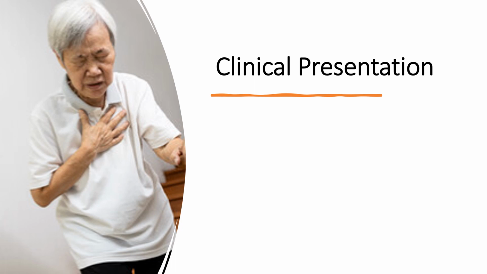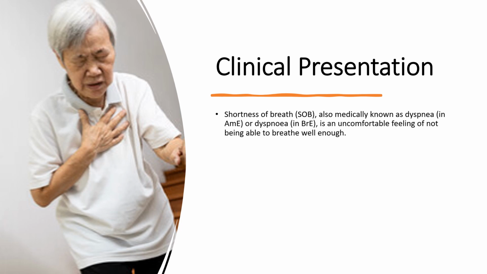Shortness of breath, as I mentioned earlier, is also known as dyspnea. It's an uncomfortable feeling of not being able to breathe well enough. Dys is the Greek word for difficult, and pnea refers to breathing. So basically, it's difficulty breathing with usual activity. There are lots of symptoms.